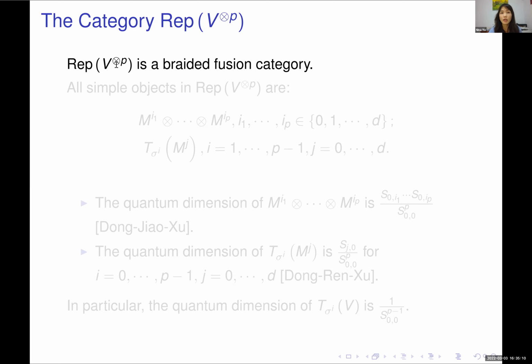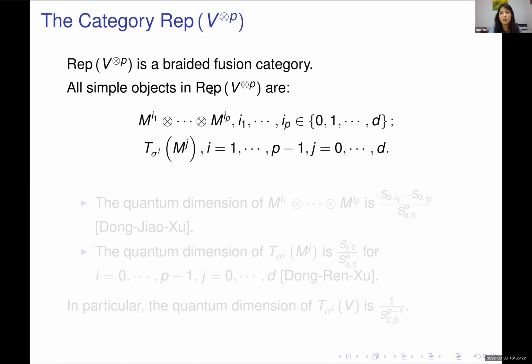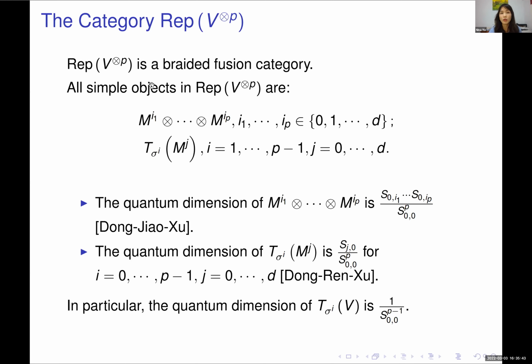We can use the result we mentioned earlier: this is a braided fusion category, since our G is still abelian. Also, all the simple objects in this Rep V⊗P are just all the irreducible twisted modules for the tensor product VOA. So all the simple objects can be written here: those are untwisted modules, and those are the twisted modules. So we have all the simple objects.